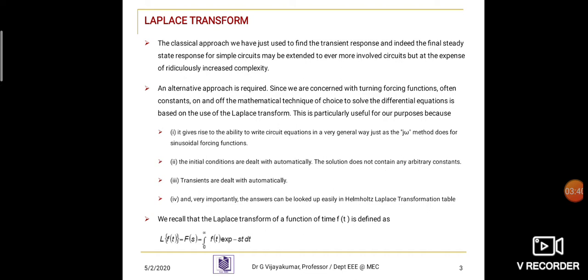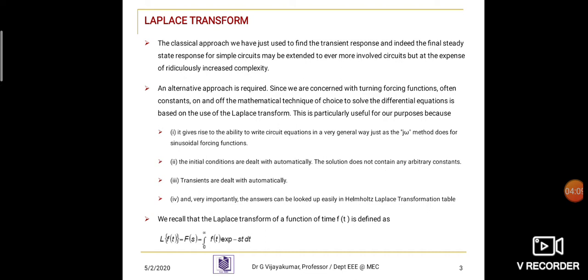That is equal to the integral from 0 to infinity of f of t times exponential of minus st dt. Since negative values of t are excluded in mathematics and only positive values of the variable t are permitted, this is often called a one-sided transformation.